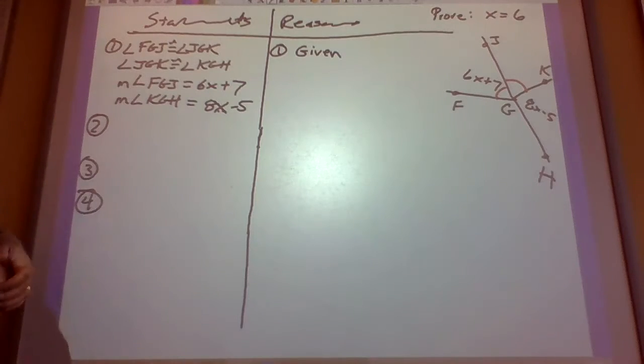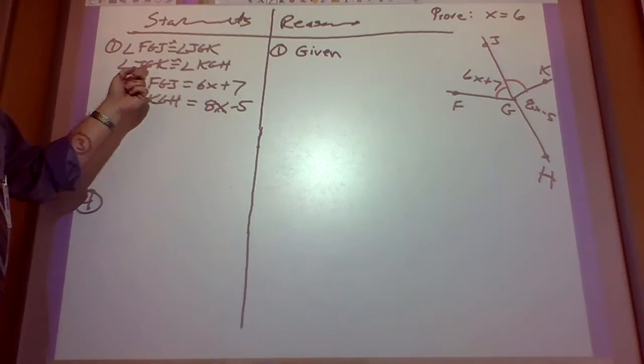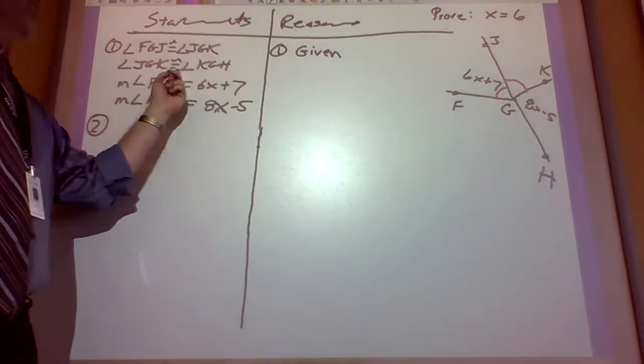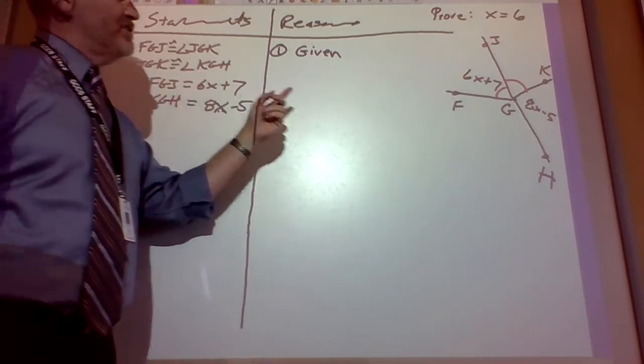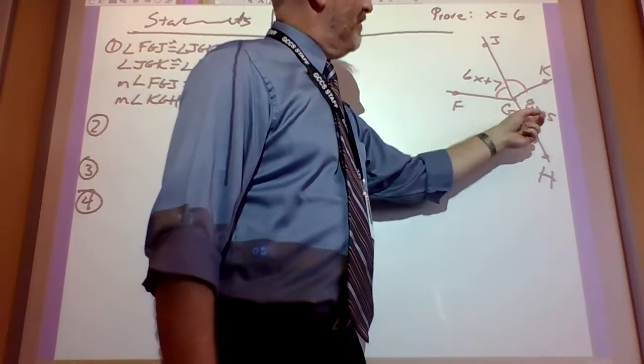All right? Now, they also told me some other stuff. JGK again, that's the one on the right that I put a swoosh on, is also congruent to KGH. That's his other adjacent buddy with the 8x minus 5 on him.